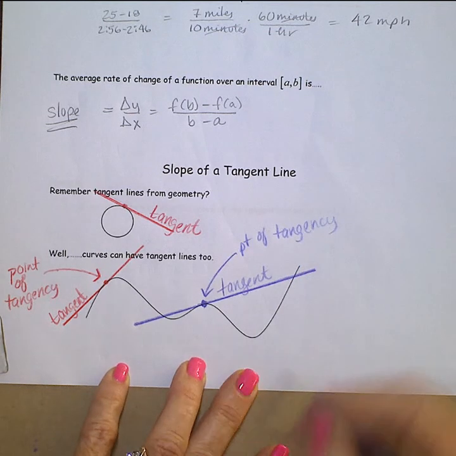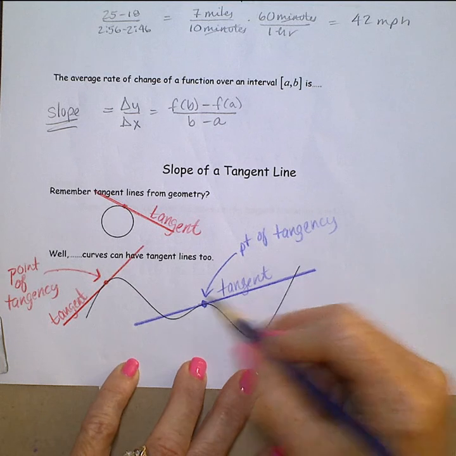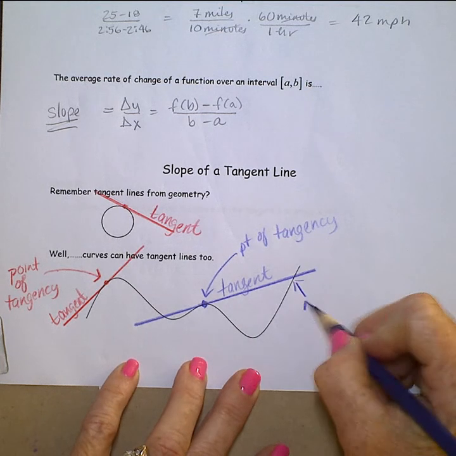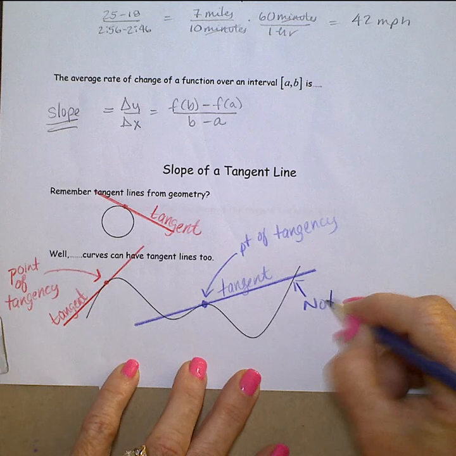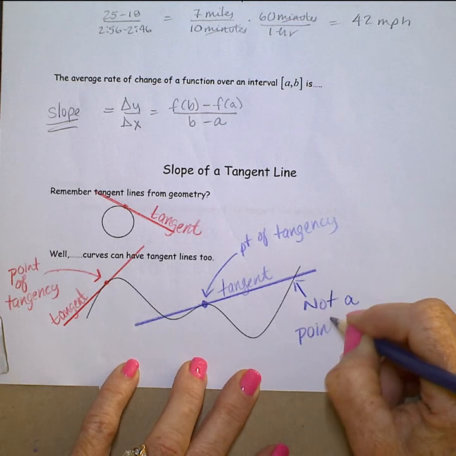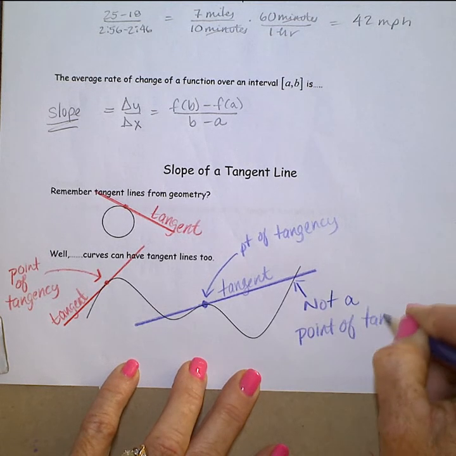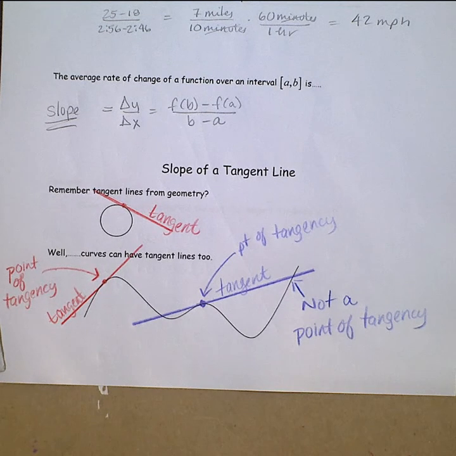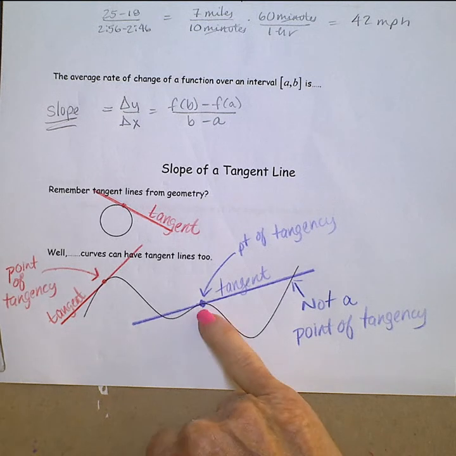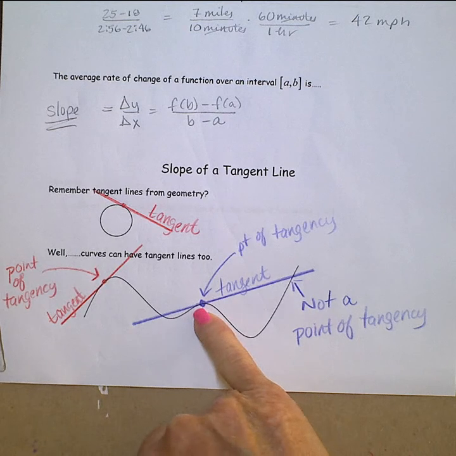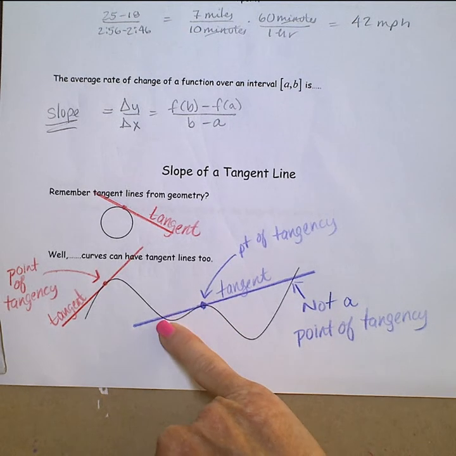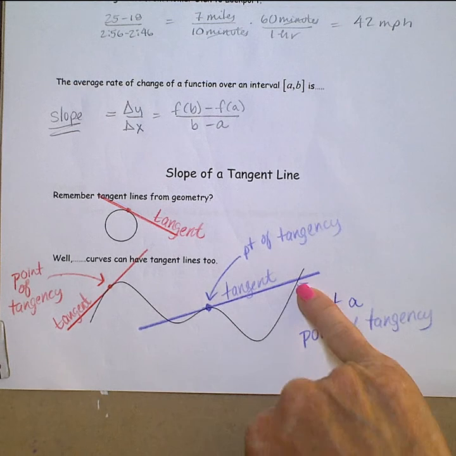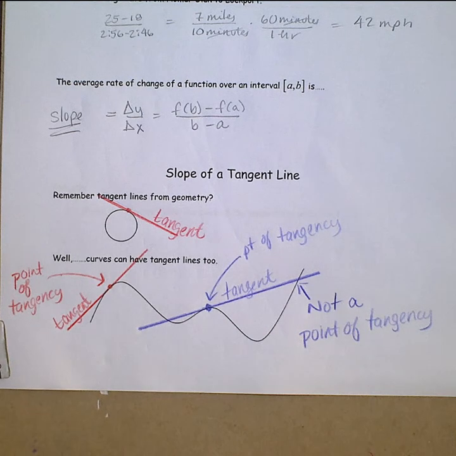Okay, we did intersect this curve over here, but that is not a point of tangency. And it has to do with that line kind of skating or skimming right along the edge of that curve. Do you see how this line skates right along the edge here, but not here? It kind of crosses directly through over here. Visually, do you see the difference between where it's tangent and where it's not?